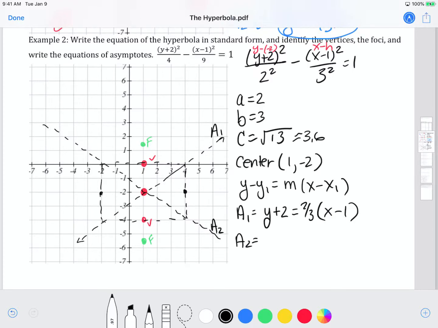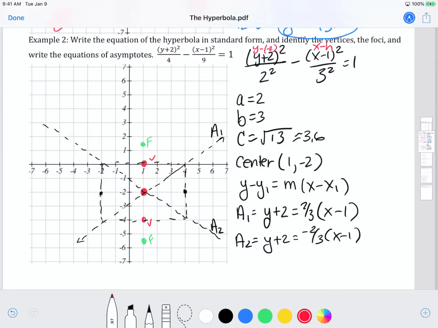For A2, I still go through the center, so I'm still going to use 1 and negative 2 as my x1 and my y1, but this slope for A2 is going to go down 2 and to the right 3. So this is going to have a negative slope. And then again, if I want to put that in slope-intercept form, I would have to distribute the negative 2/3 and subtract 2 from both sides.